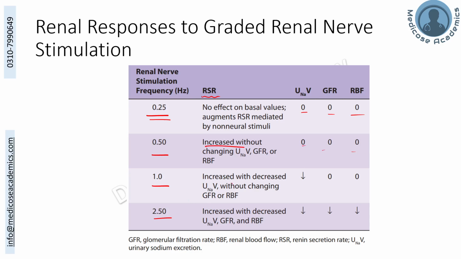Even if it is further increased, this will decrease the urinary excretion of sodium, but still GFR and renal blood flow are not impacted. You can see at a much higher frequency of renal nerve stimulation, there is going to be decreased urinary loss of sodium, decreased GFR, as well as decreased renal blood flow.